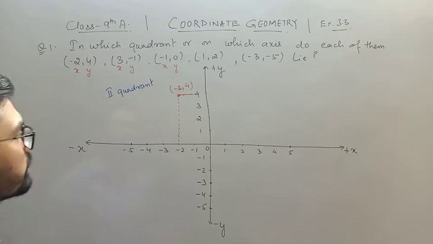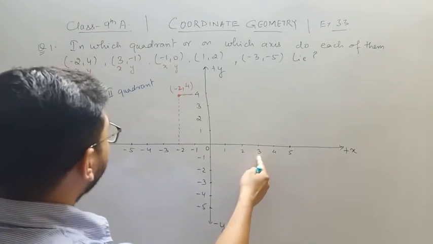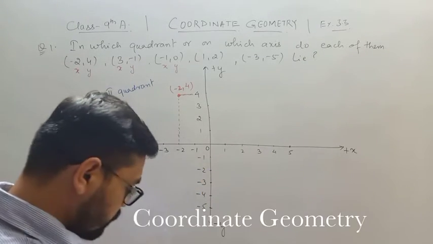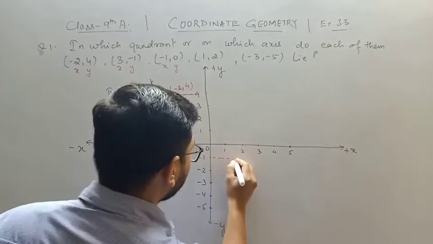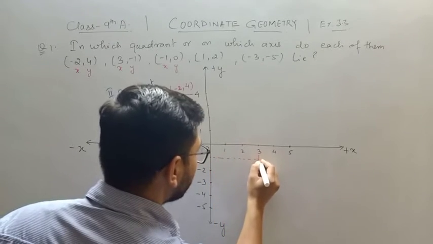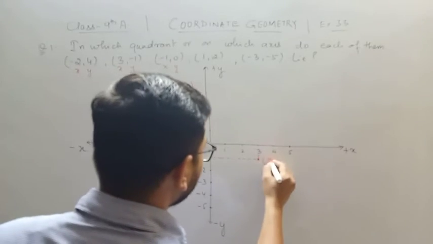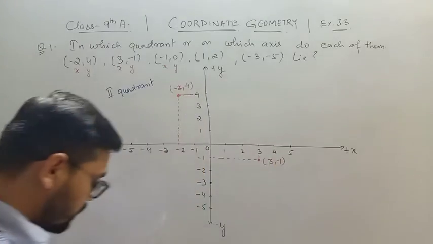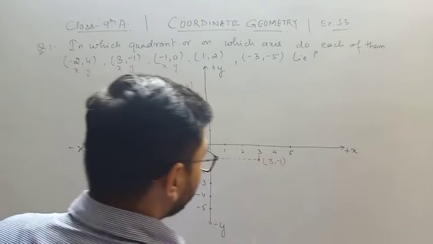Now the next point is 3 comma -1. So 3 for x and -1 for y. So this point will lie somewhere in the fourth quadrant, and the coordinate of this point is 3 comma -1, and this is my fourth quadrant.